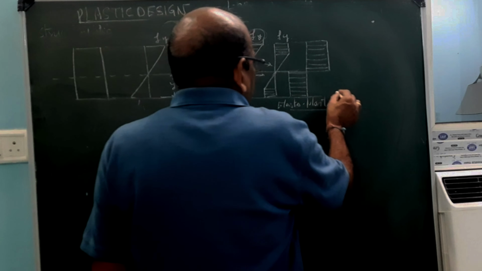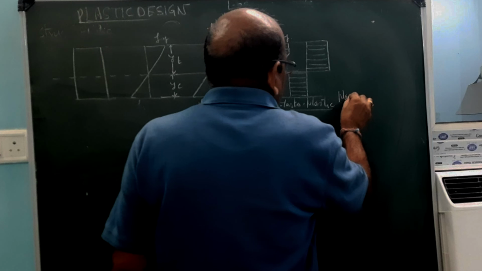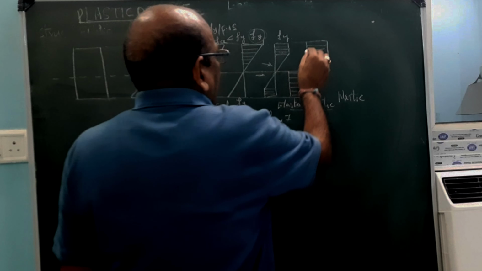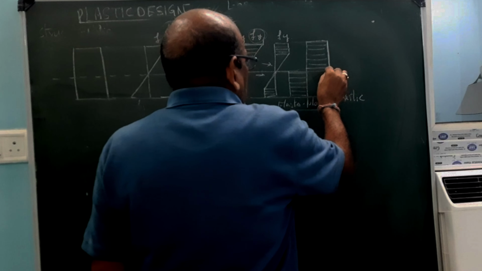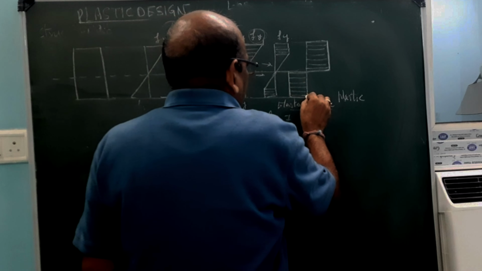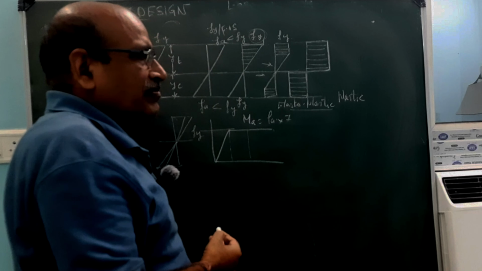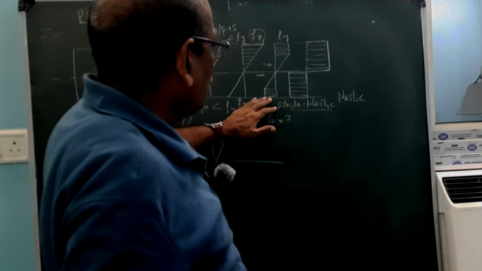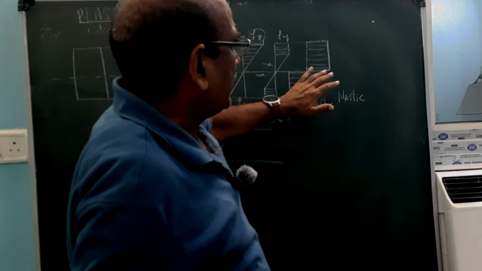So this will be total plastic. This is plastic behavior, and this is your diagram. So this is plastic, this is elastoplastic, and this is plastic.